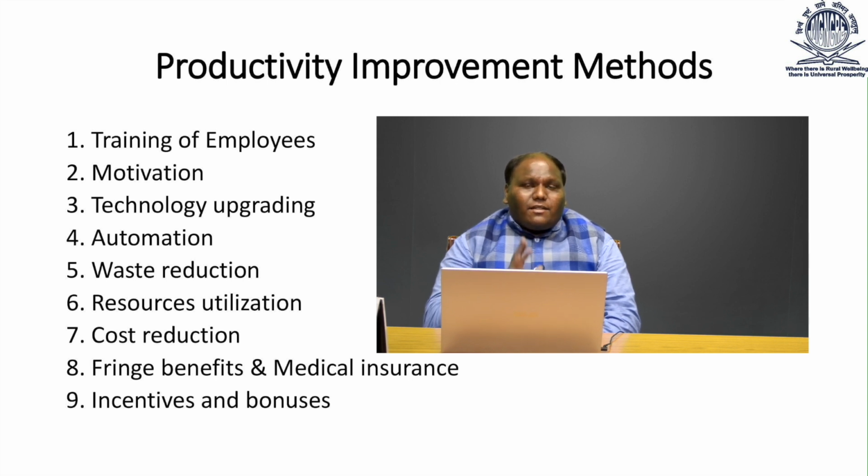As we discussed, three important components: input, process, output. So, while providing inputs, during the process, and while extracting output, what is the level of motivation we need to maintain, and also upgrading technology. We have to also see what best kind of technology fits into this, the best fit technology.